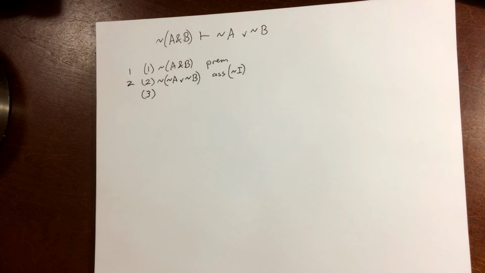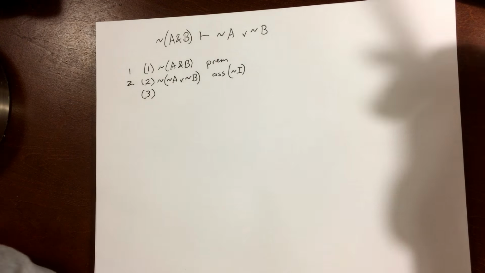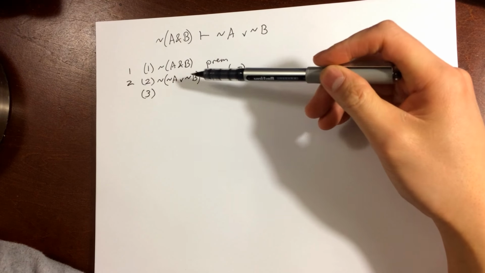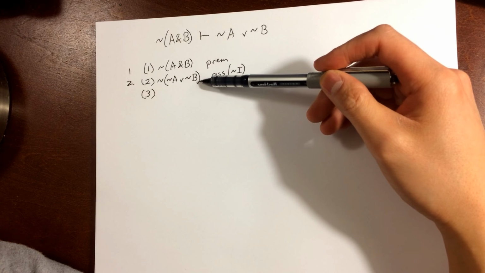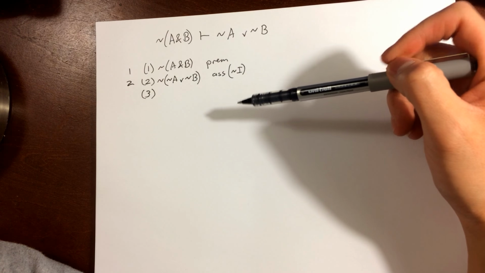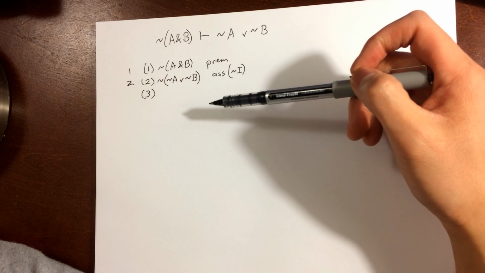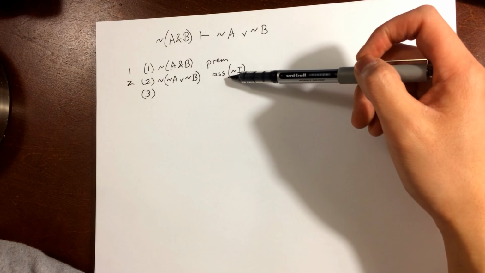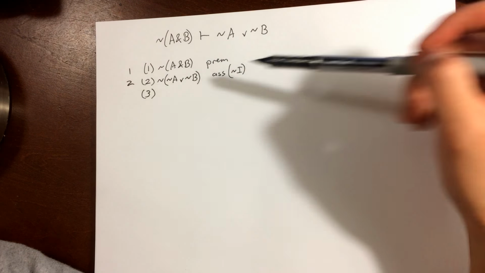So now you may be stuck again, but you sort of have to think through this. I know that this is going to produce a contradiction somehow. And what I want is to produce a contradiction that will then let me negate this, right?